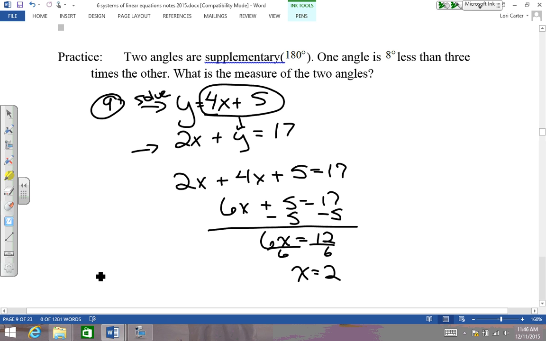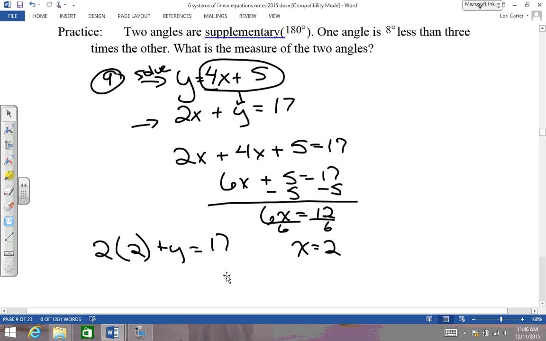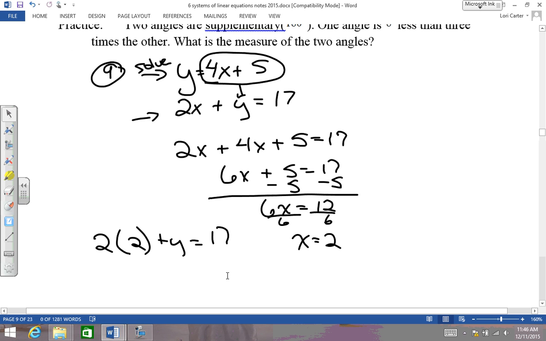So we're going to take 2 times what goes in for the x. 2 times 2 plus y equals 17. It's 4 plus y equals 17. Y equals 13.